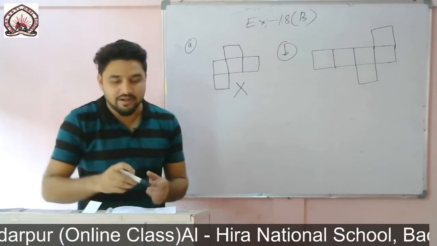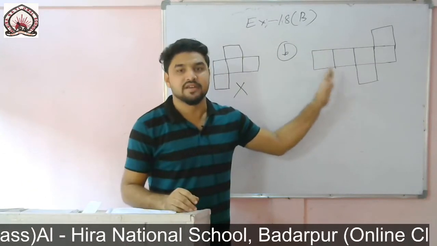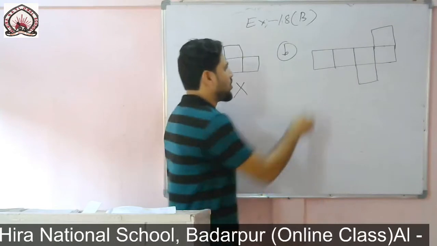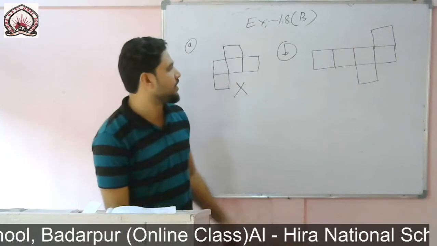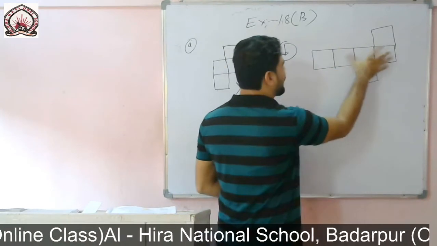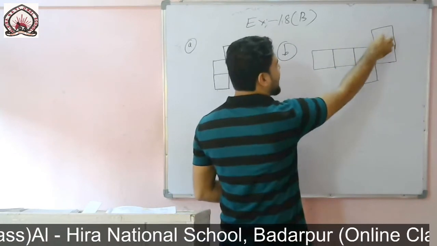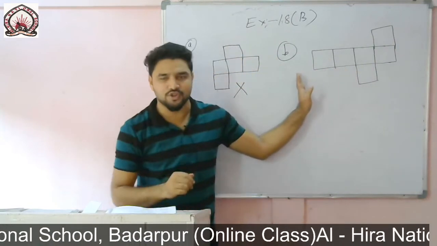Now let us check whether there are 6 faces or not. Yes, 1, 2, 3, 4, 5, 6 faces. So we need 4 sides, so 1, 2, 3, 4 sides are there, and one top and one base or bottom is there, so I think this is possible.